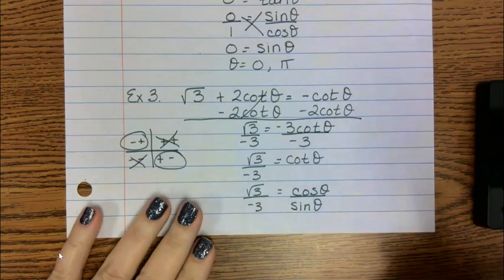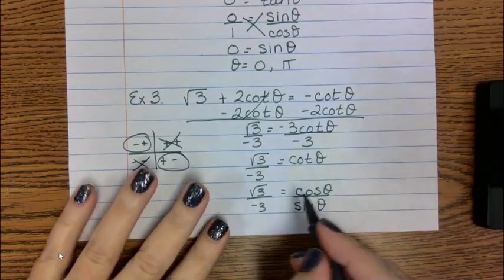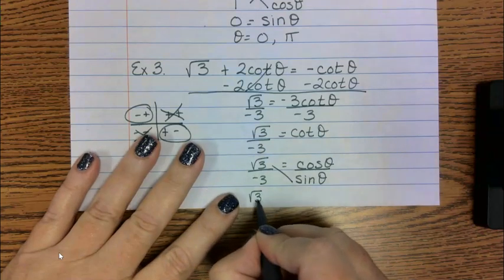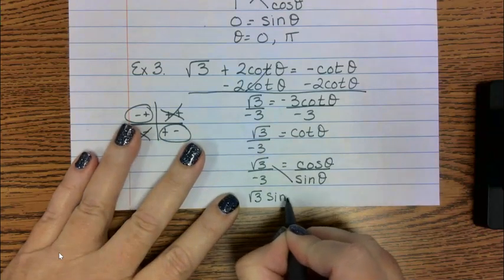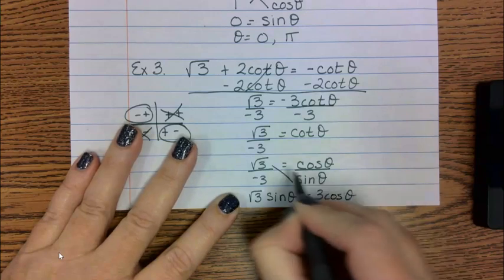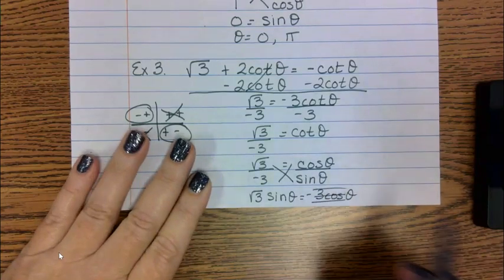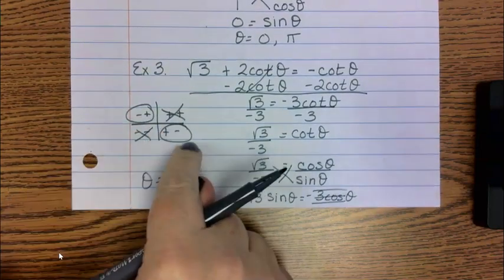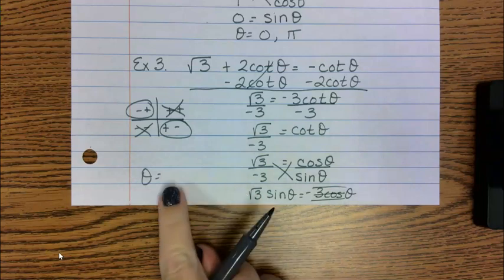Now, we've got to know what we're looking for. So we're going to cross multiply. So we get the square root of 3 sine equals negative 3 cosine. Now again, we're just going to throw that away. But remember, I have to look at these two quadrants. When does sine have a square root of 3?